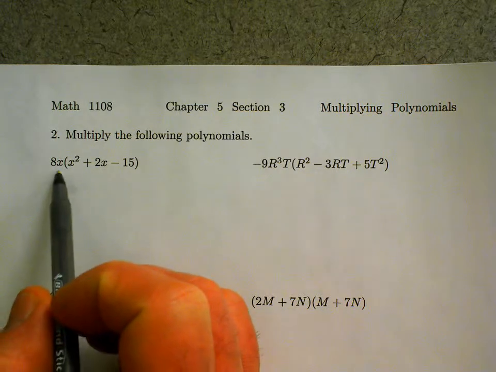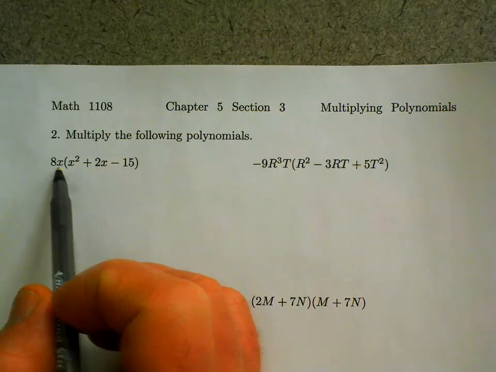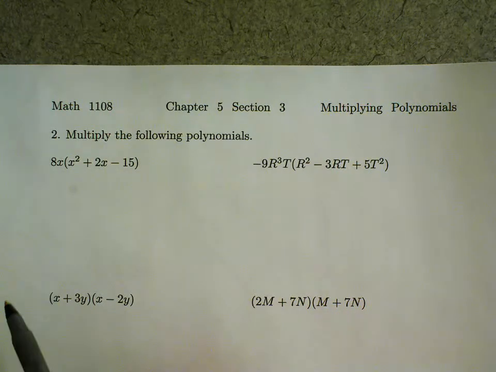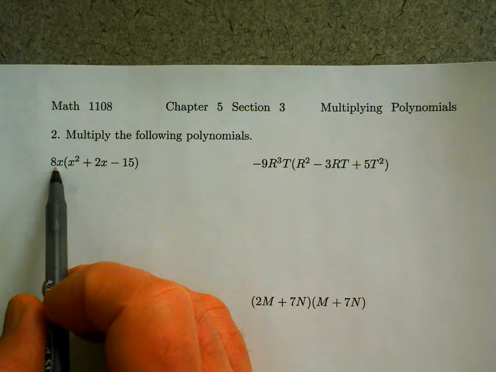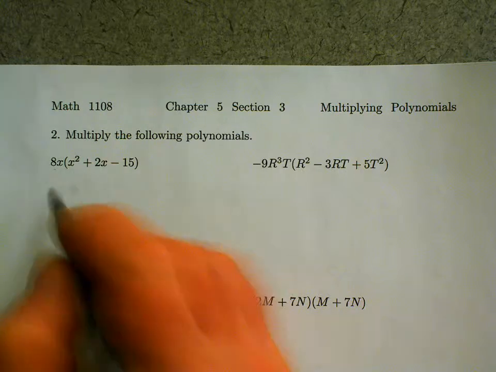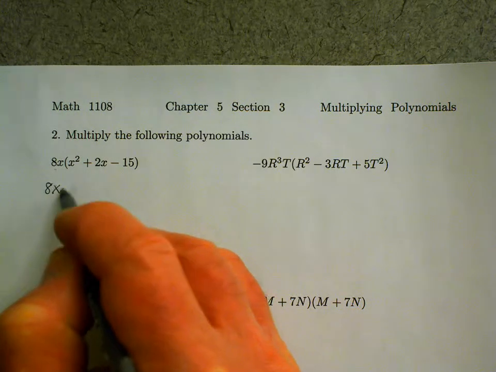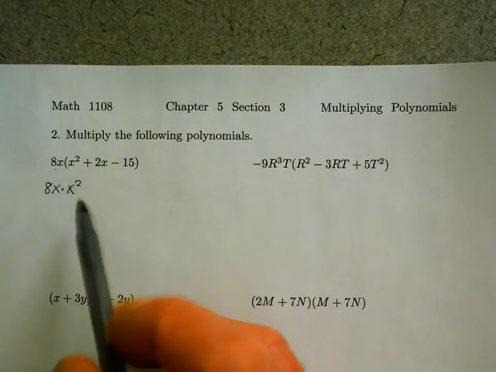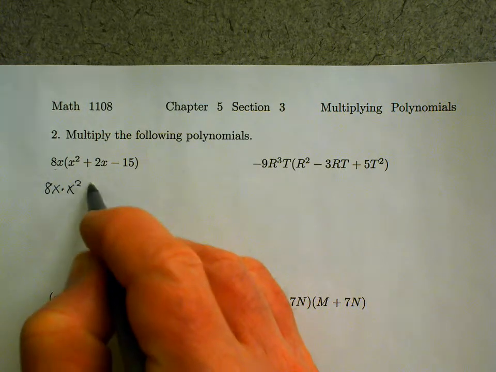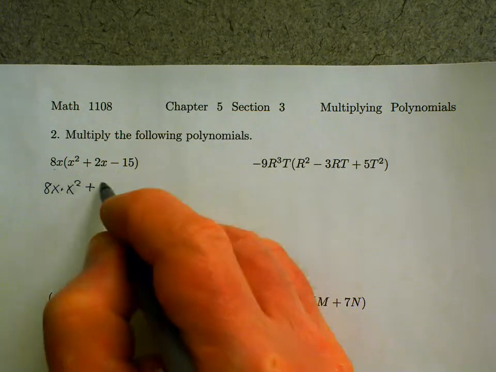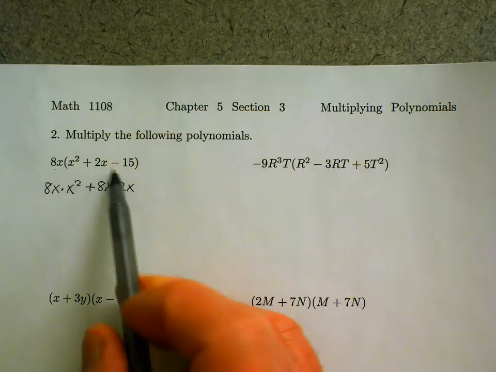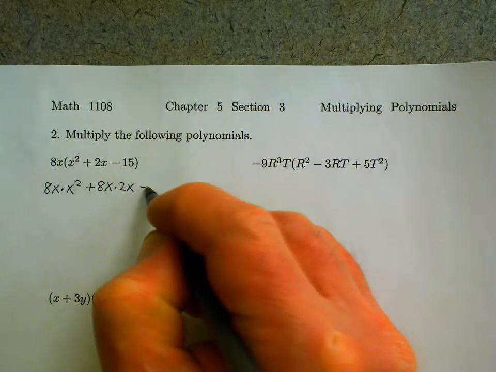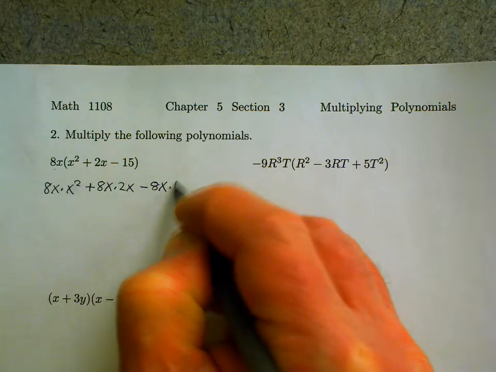So I'll write this in a little bit more detail than is absolutely necessary to start with. We multiply 8x times x to the second, and then plus 8x times 2x, and then minus 8x times 15.